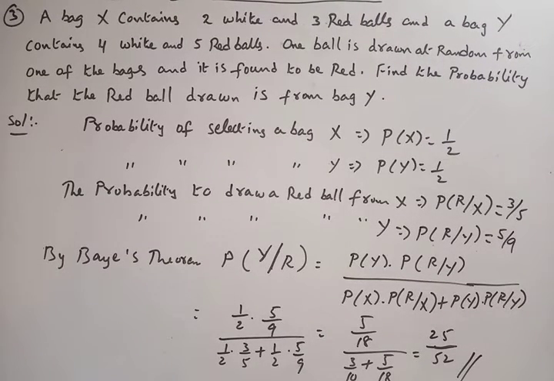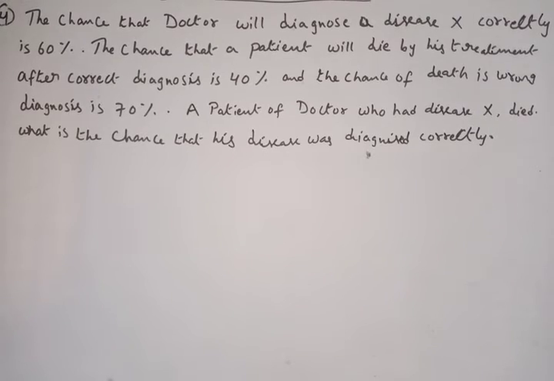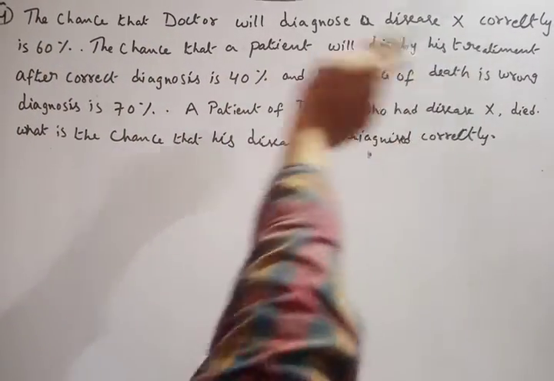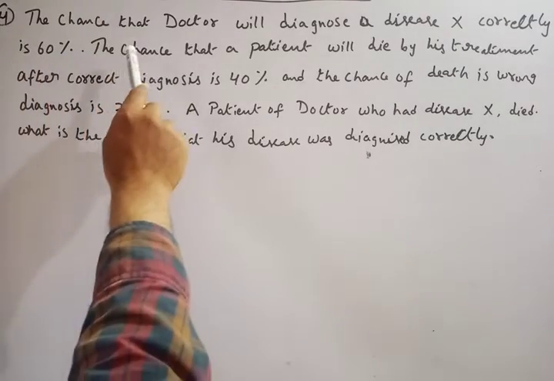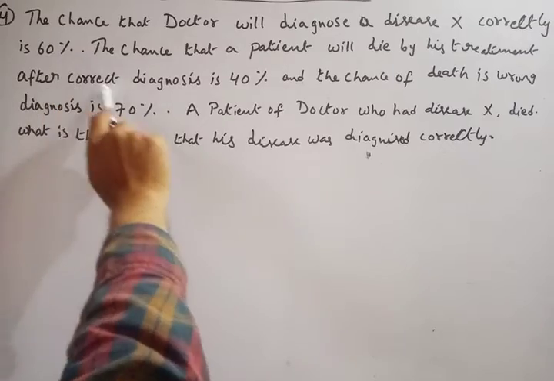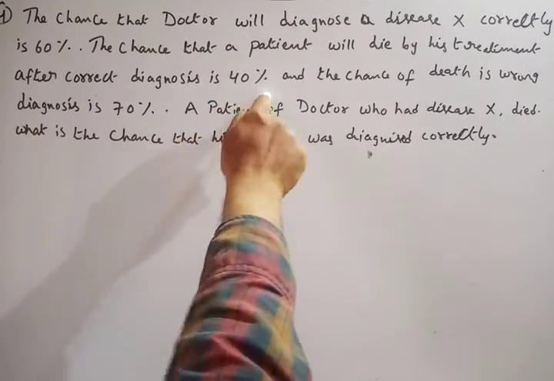Okay, so we will solve one more problem on Bayes theorem. Next problem: the chance that a doctor will diagnose a disease X correctly is 60%. The chance that a patient will die by his treatment after correct diagnosis is 40%.